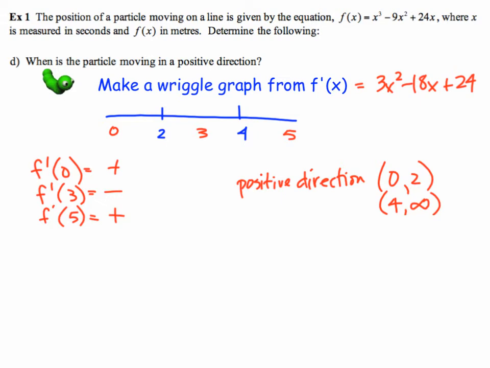So when is the particle moving in a positive direction? From 0 to 2 and from 4 to infinity. Remember, we cannot have negative time. We can't have negative distance, so we cannot go past 0. A particle is basically moving in quadrant 1.